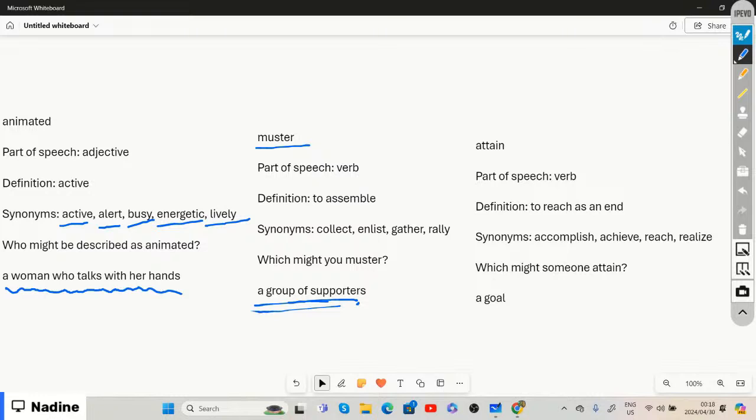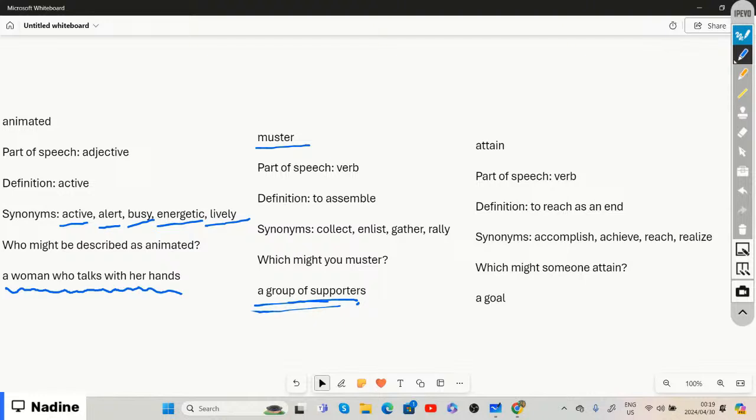And the definition of attain is to reach as an end. So when it comes to attain, the definition is to reach as an end.